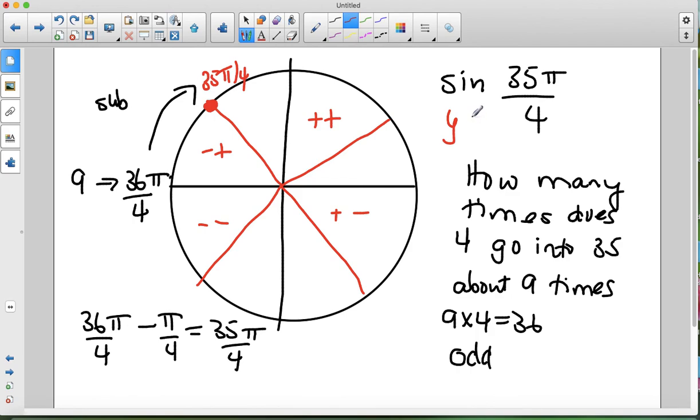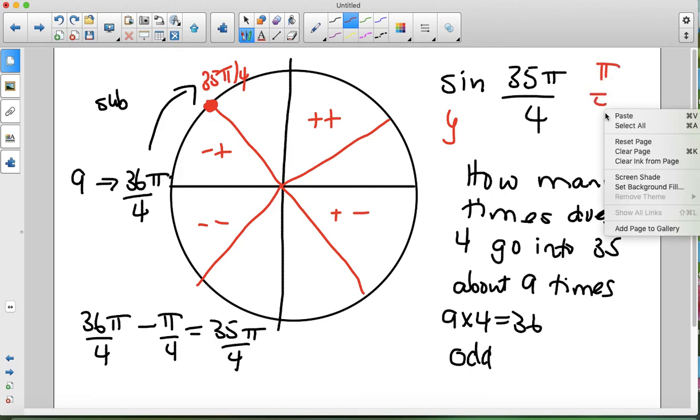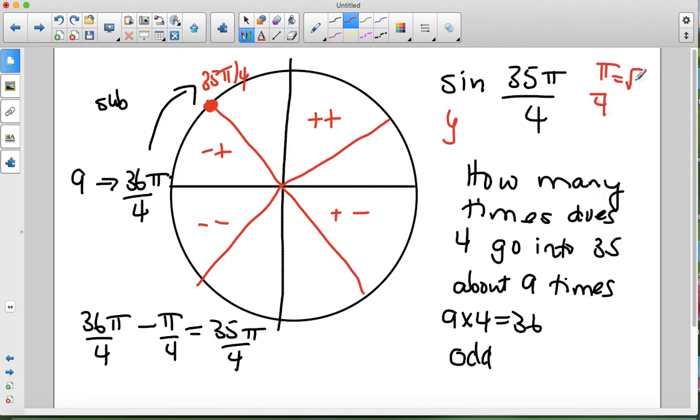So we've memorized it from video 1 that at pi over 4, the sine is equal to root 2 over 2. So your answer is positive root 2 over 2. And that's it. Let's do one more example.